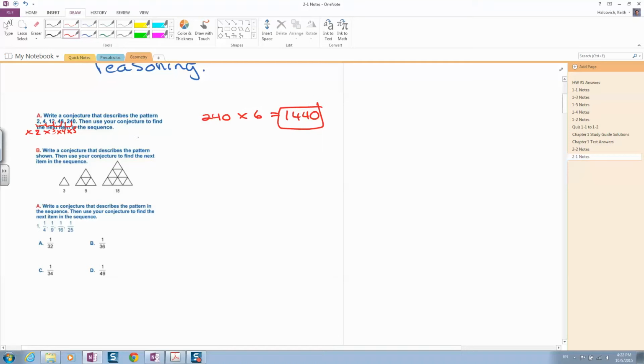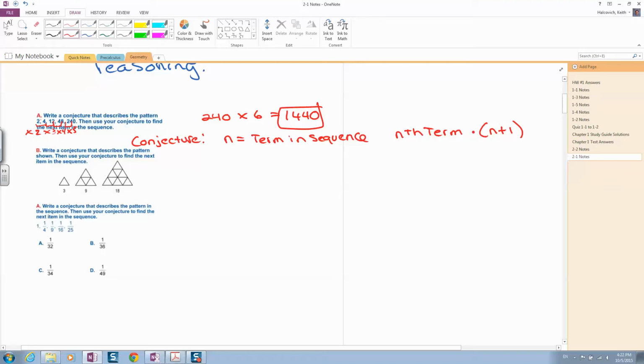The conjecture is that if n is the term in the sequence, like the first, second, third term, then to find the nth term, you'll take the previous term and multiply it times n plus 1.